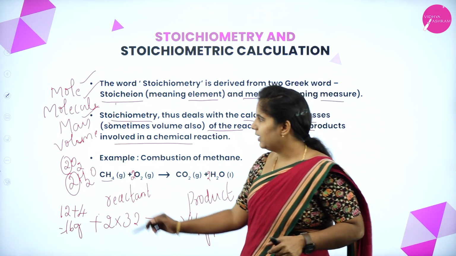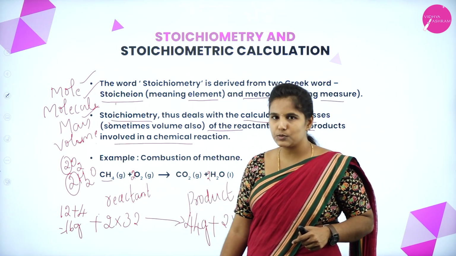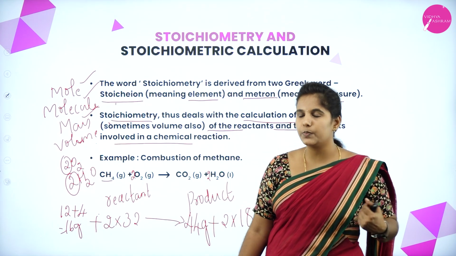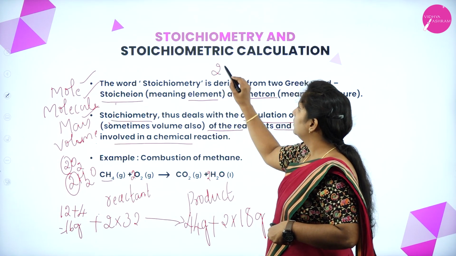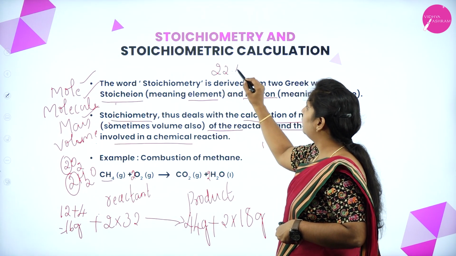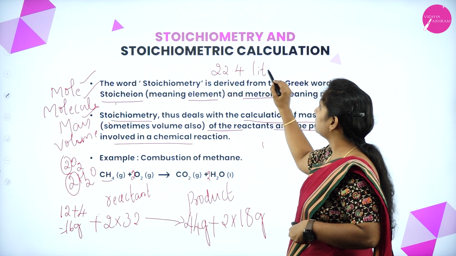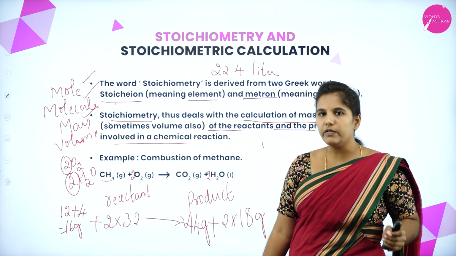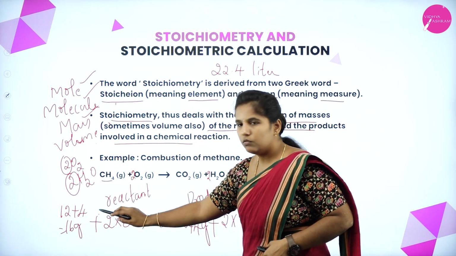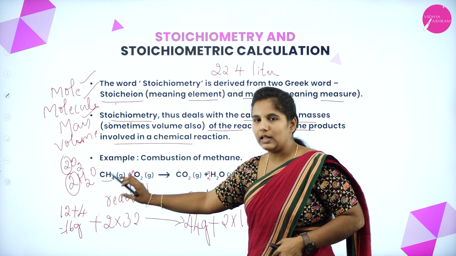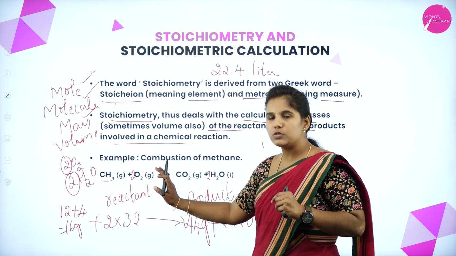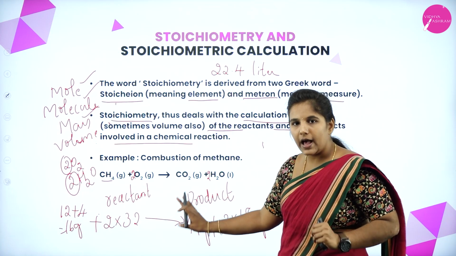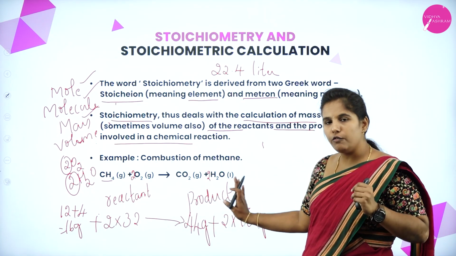The last one is volume. How to express it? We know that all gases occupy a space of 22.4 liters. So we can say that 1 volume of methane reacts with 2 volumes of oxygen, forming 1 volume of carbon dioxide and 2 volumes of water.